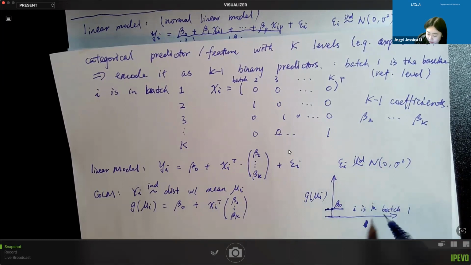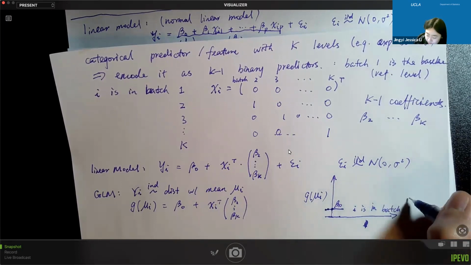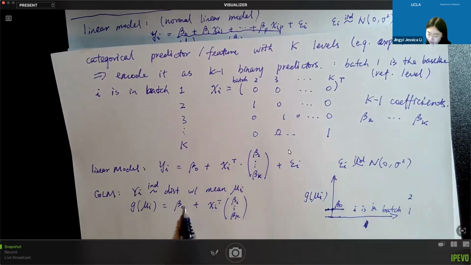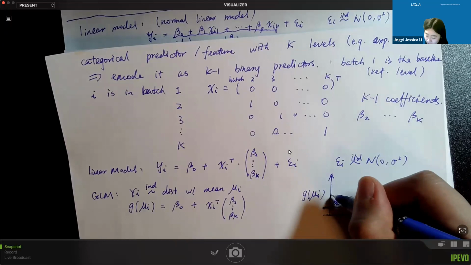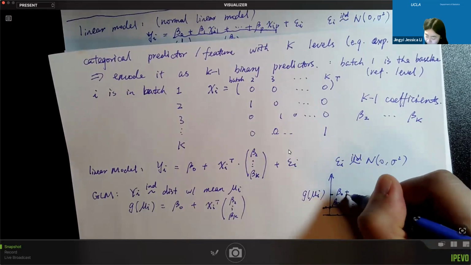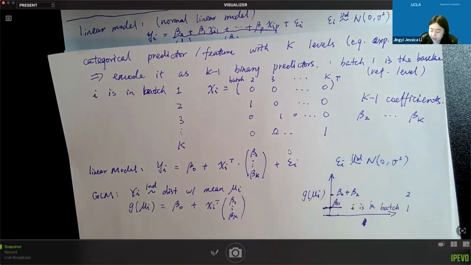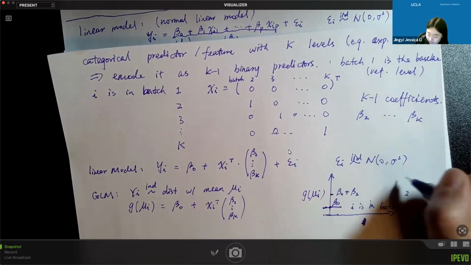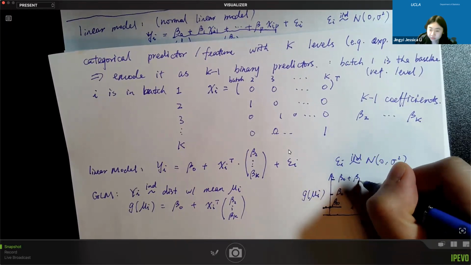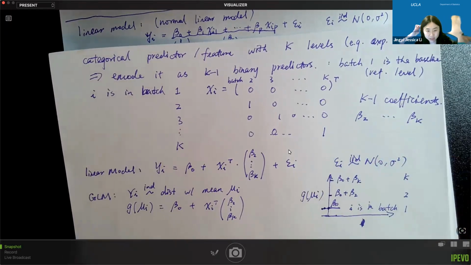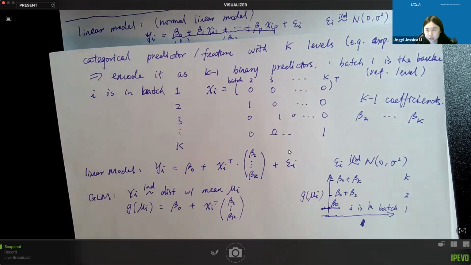If i is in batch 2, then the expectation g(mu_i) is beta 0 plus beta 2. And if it's in batch k, it will be beta 0 plus beta k. So essentially, for each batch, I'm shifting its intercept.